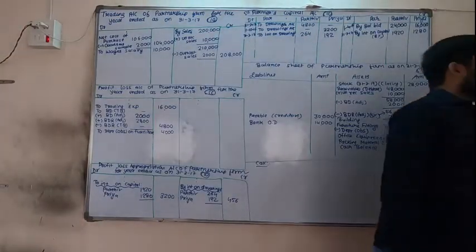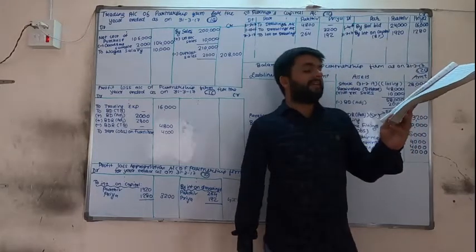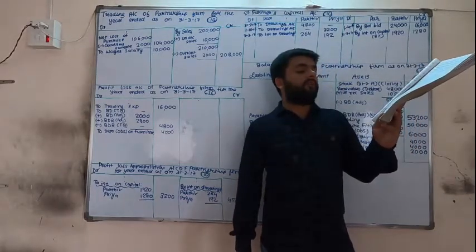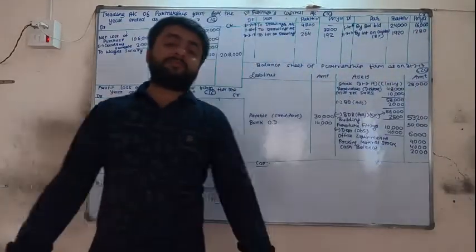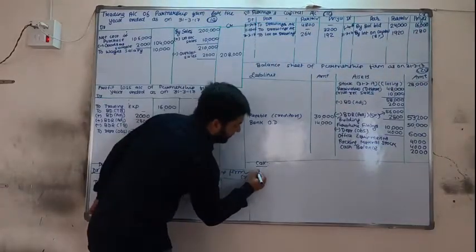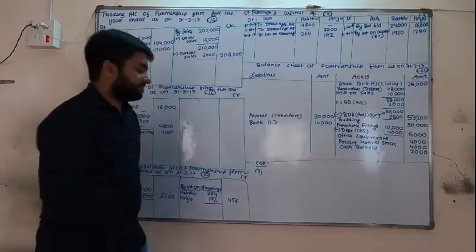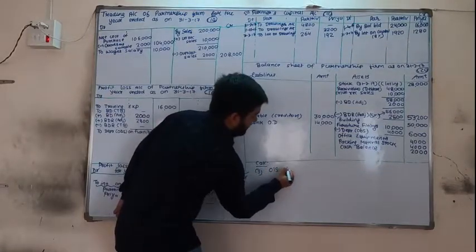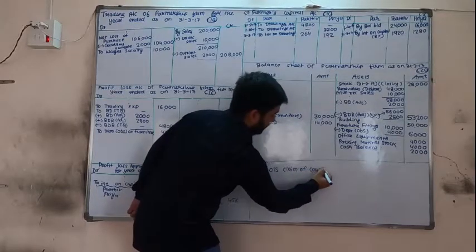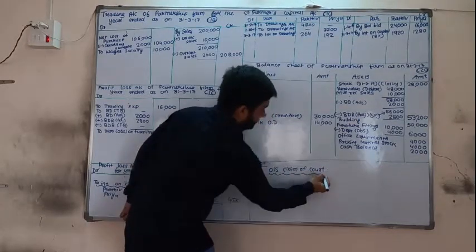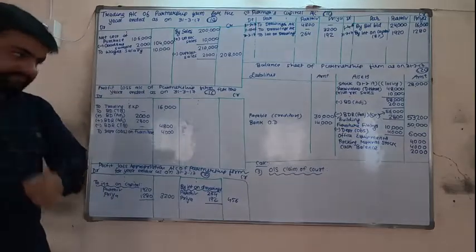Then number 5. A court has finalized a claim of 4000 for not meeting agreement to provide goods to customer. So in bracket you should write outstanding expense and write for this thing number 3. Outstanding claim of court. Outstanding claim of court.